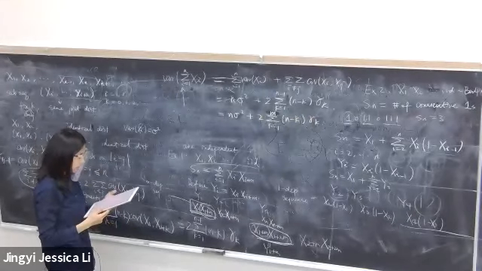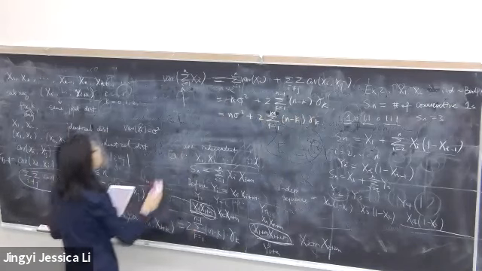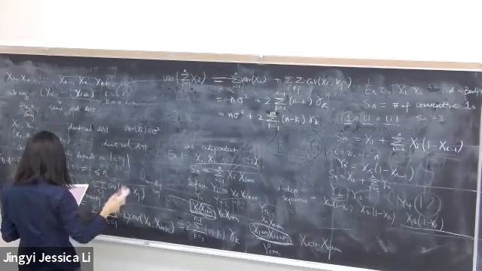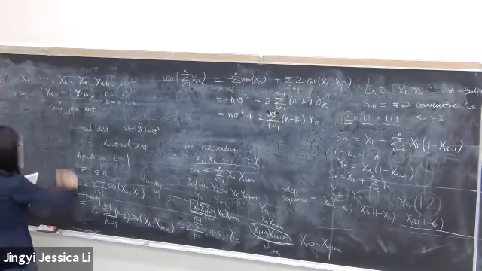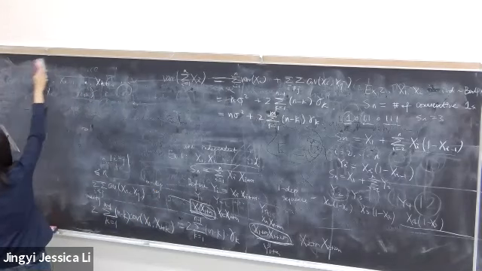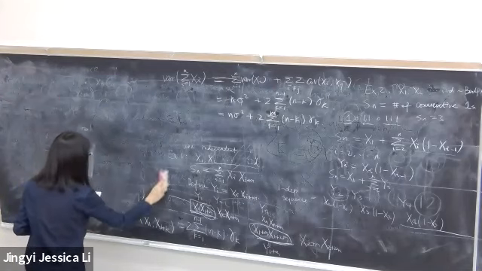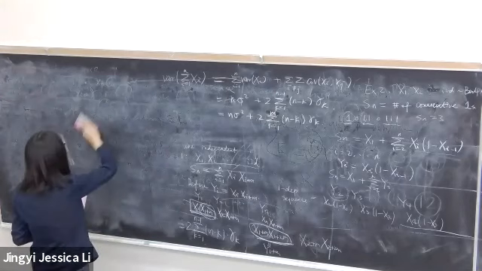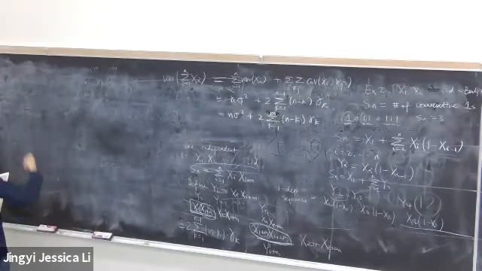Now we will have our important theoretical result about the asymptotic distribution. Let me write it here. So this is what we call the theorem.